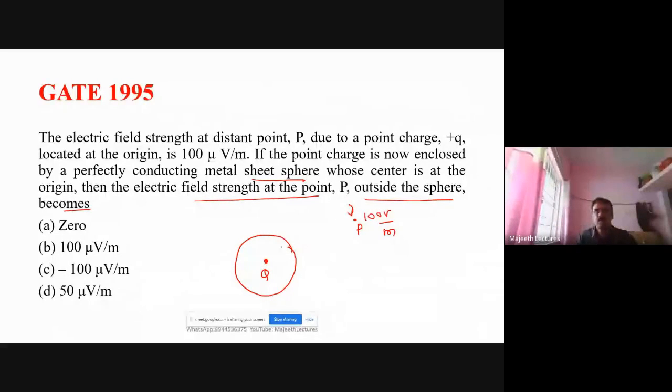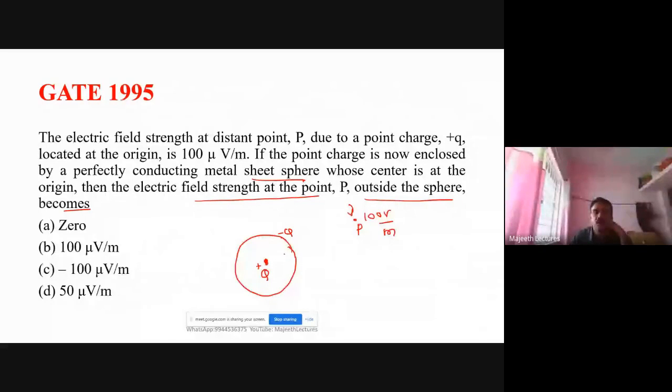So initially we have the charge at this point, electric field 100 volt per meter. If the metal sheet is kept enclosing this charge, what is the electric field at this point? That is the question. We have studied in 12th standard that if there is a positive charge inside some metal sheet, it will induce some negative charge in the metal. So if there is 5Q, it will induce minus 5Q here. 100Q, it will induce minus 100Q.